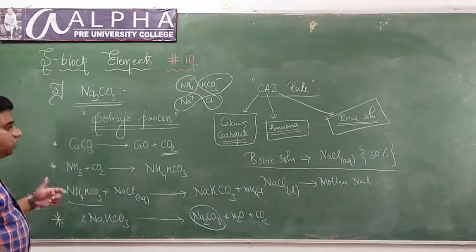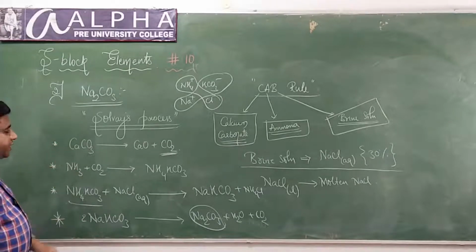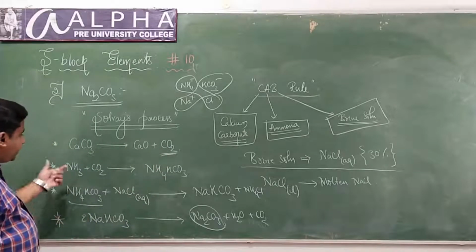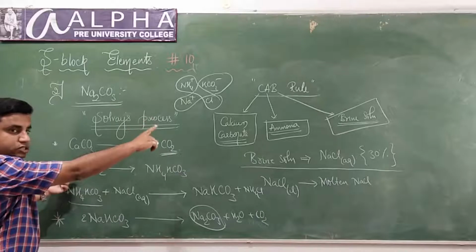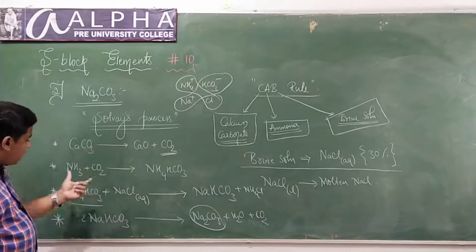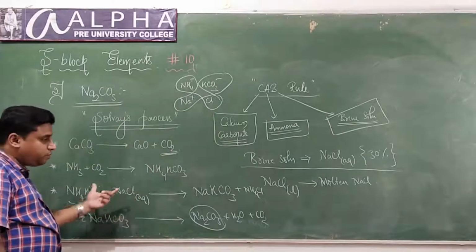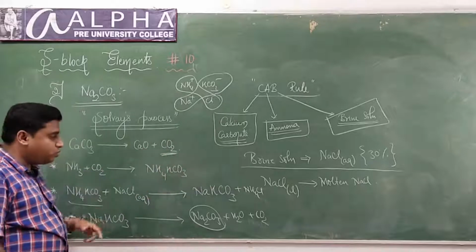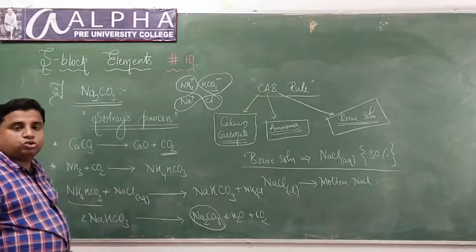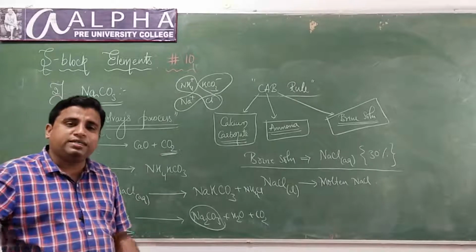Any doubts? Now, what are the steps here? In the first step, calcium carbonate decomposes to give calcium oxide and carbon dioxide. In the second step, ammonia combines with that carbon dioxide to form ammonium bicarbonate. Ammonium bicarbonate combines with the brine solution to form sodium bicarbonate and ammonium chloride. In the last step, sodium bicarbonate decomposes to give sodium carbonate. We have understood that bicarbonates are unstable.